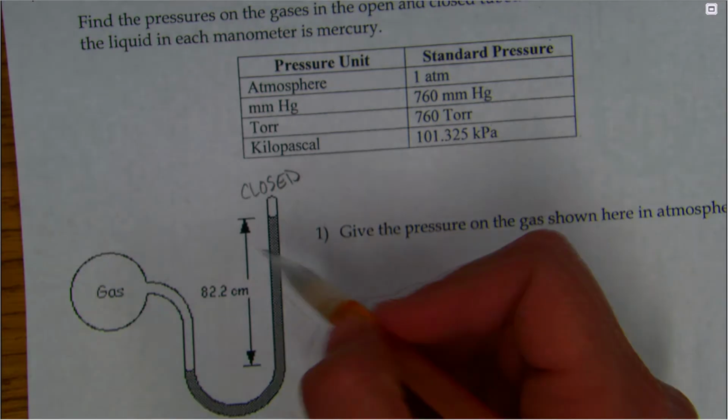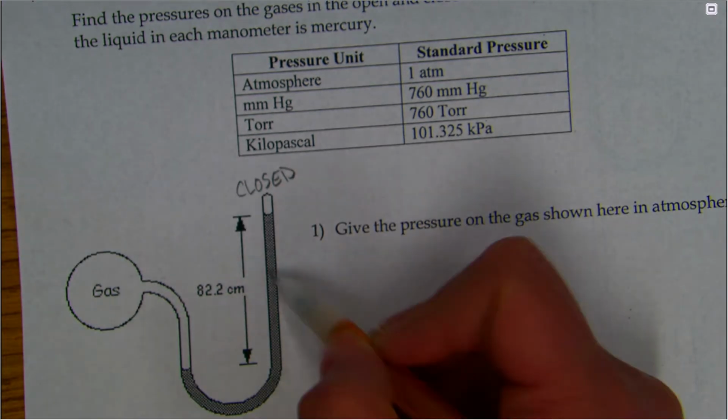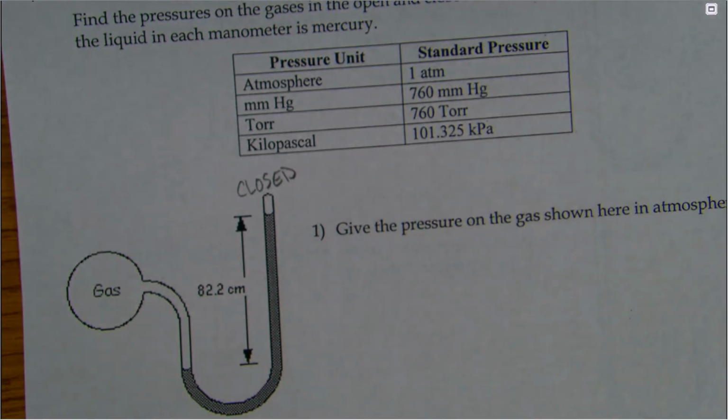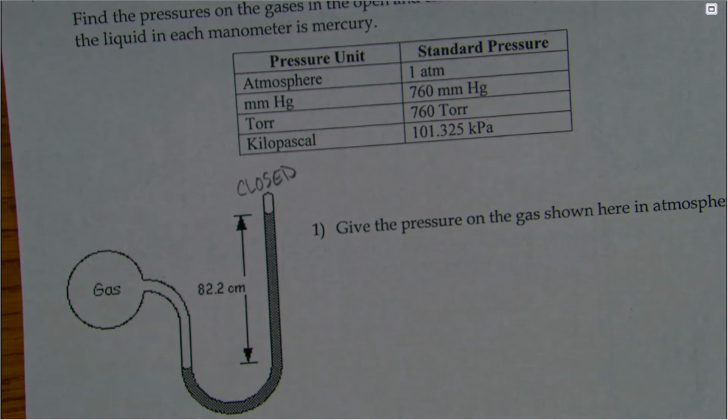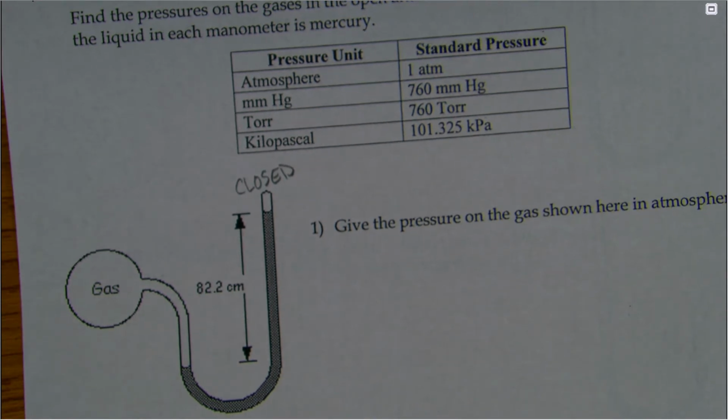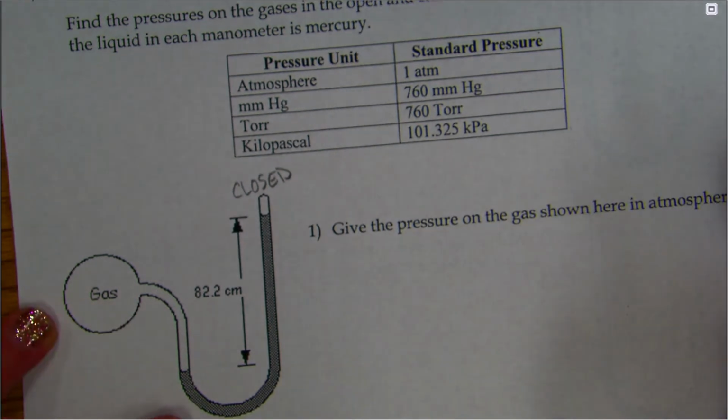So the height of this liquid, usually we use mercury in a manometer because of its properties, and it is a liquid at room temperature, and so it's really good for manometer use.